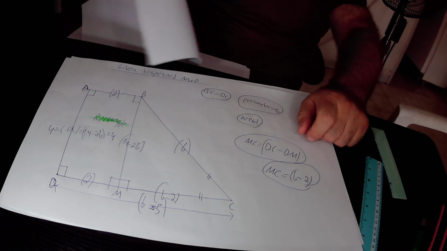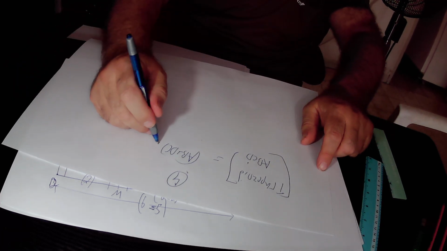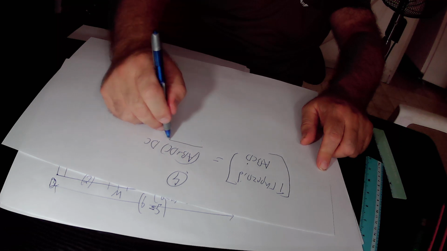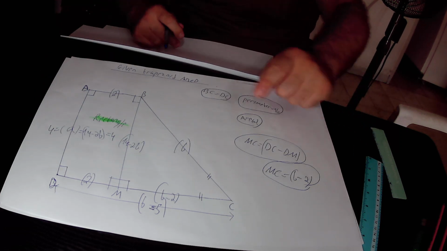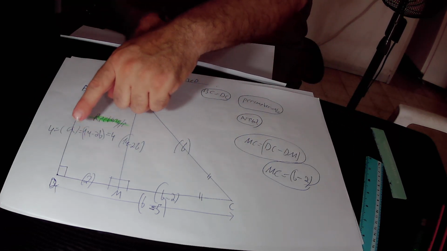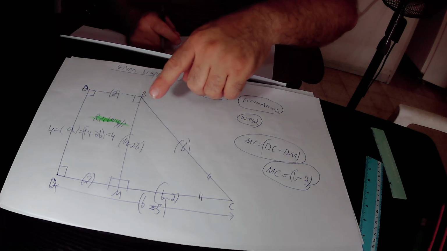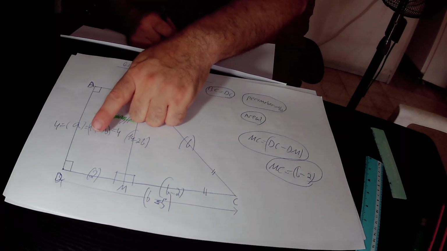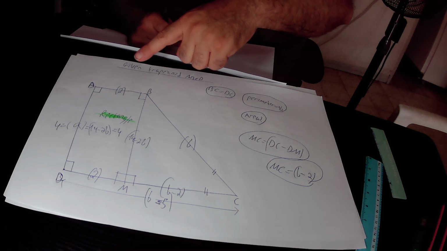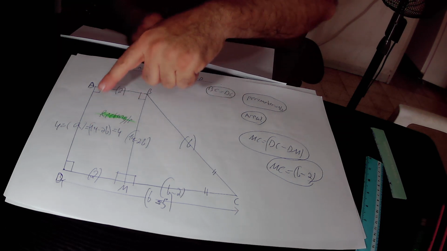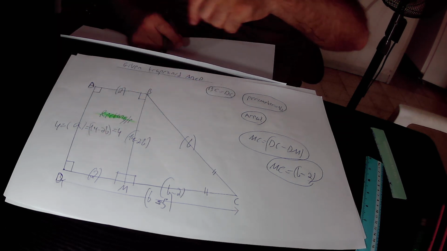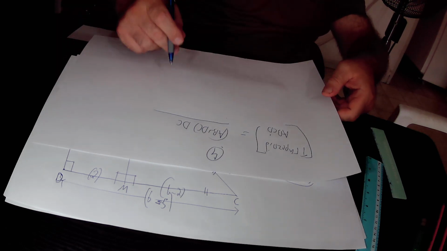The height is DC. Why is the height DC? Because DC creates 90 degrees with the base. Again, the height is AD, of course. The height is AD.